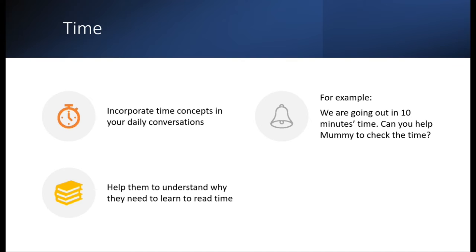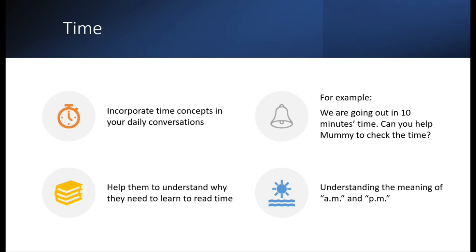And after they are able to do so, you could probably introduce concepts about AM and PM. So help them to understand the meaning of AM and PM by discussing the sequence of events that happen in a day. And then you could explain to them that there are 24 hours in a day and 12 noon is midday.